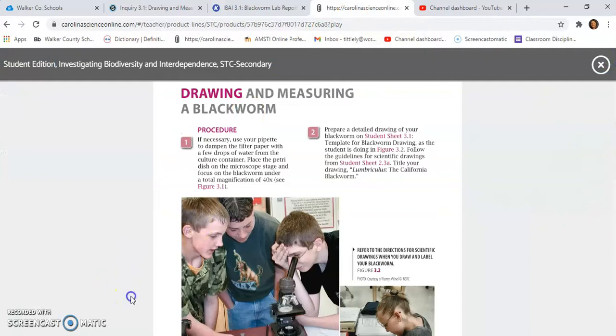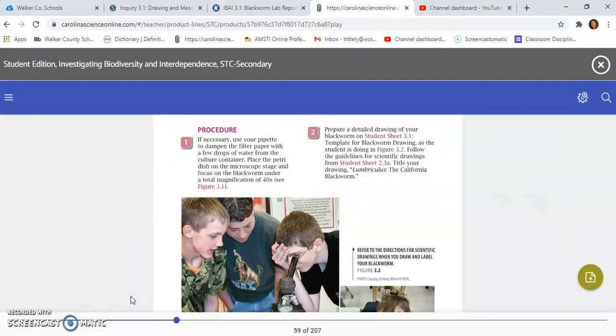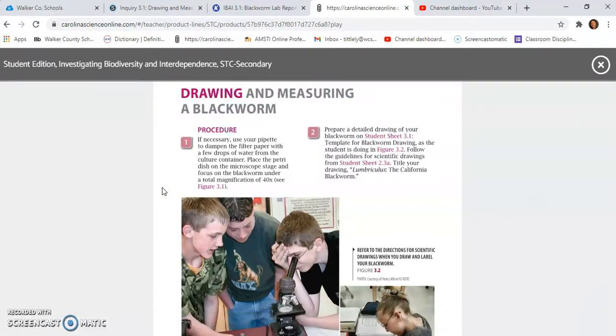Okay, in the book I have turned to page 44, which is page 59 on the blue slider, and the procedures for this lab say to use your pipette to dampen filter paper with a few drops of water from the culture container, and to place the petri dish with the blackworm on it on the microscope stage and focus it on 40x. And we'll take a look at that in just a minute.